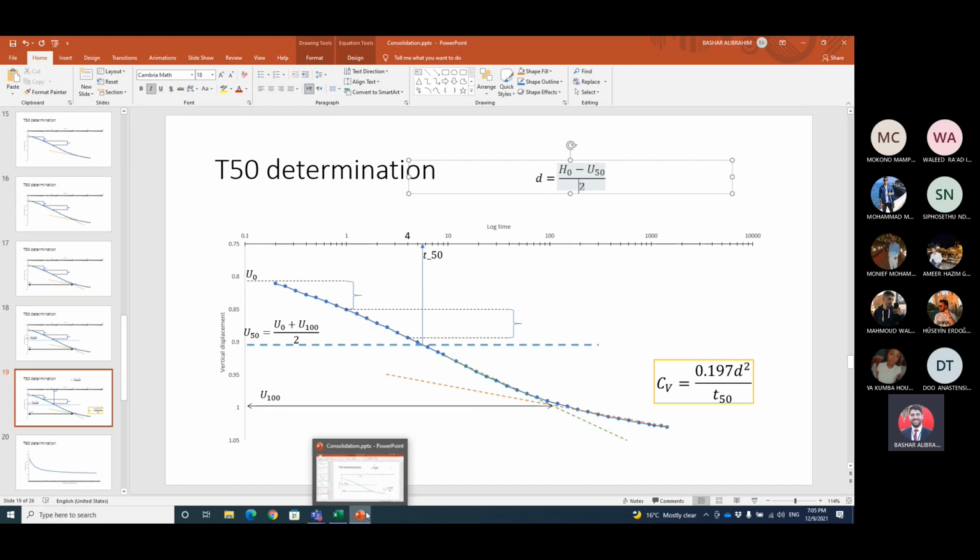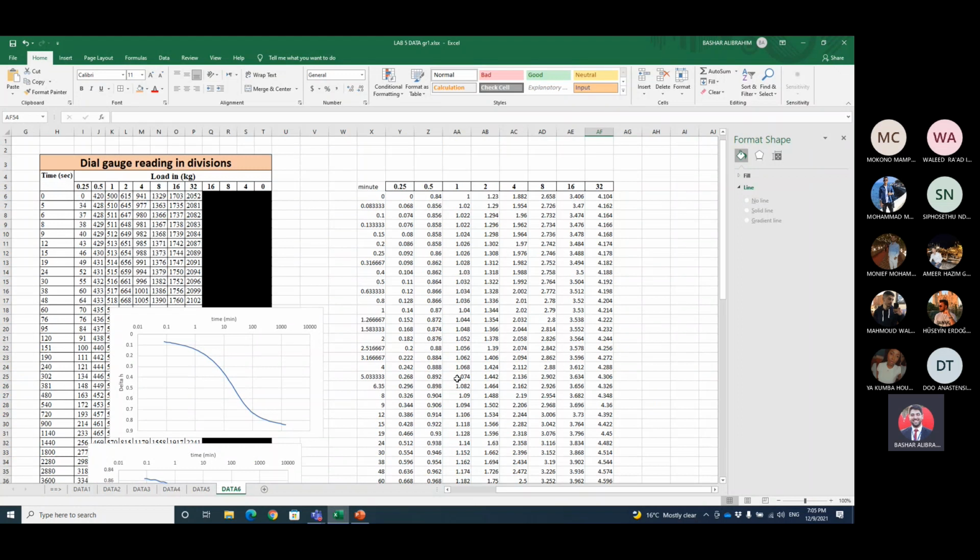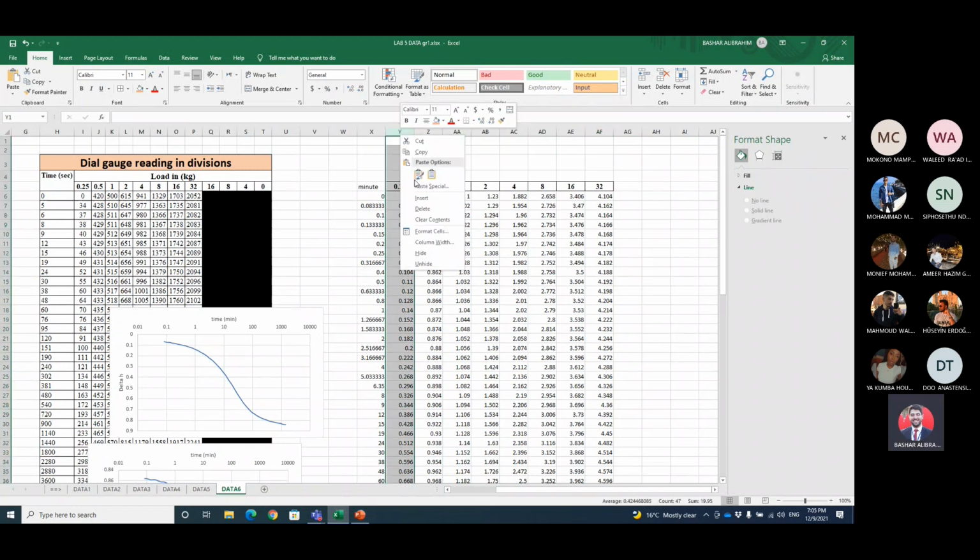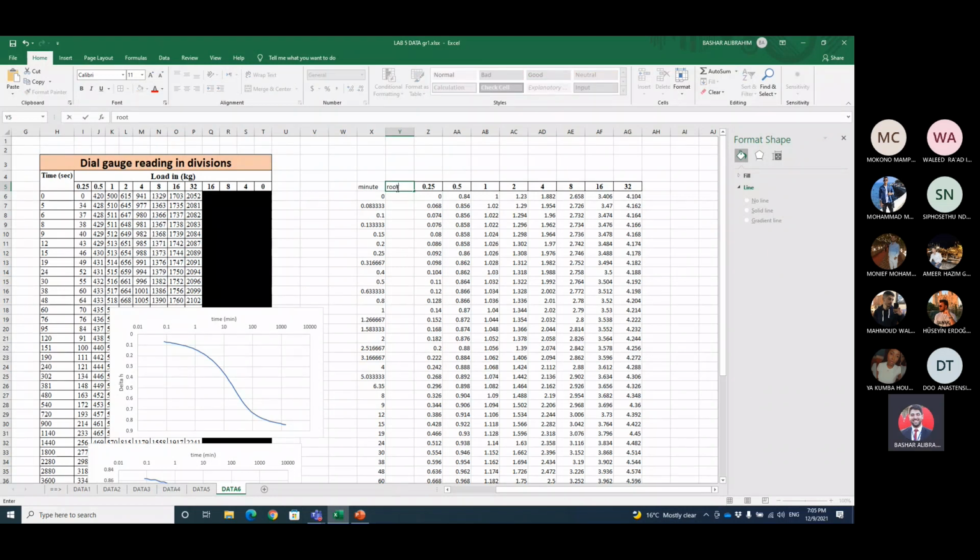Okay, so now we will do the T90 method. So T90 method, it is basically the same, but instead of time, we use root time, square root of time, okay? So you use SQRT and you select.